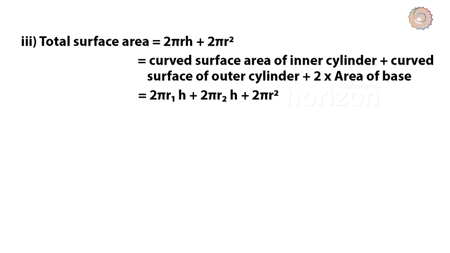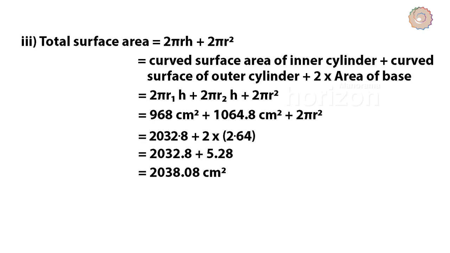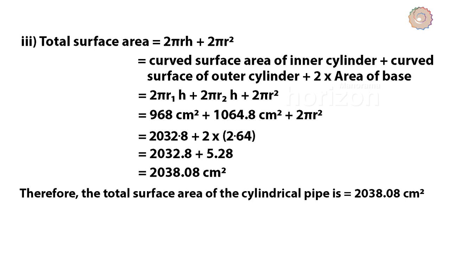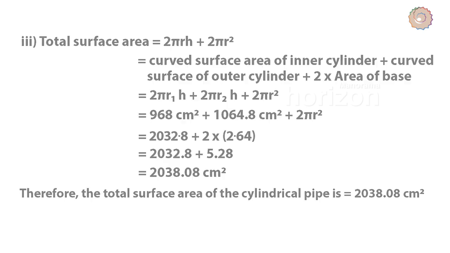So, let us plug in the same, that is 2 pi r1 h plus 2 pi r2 h plus 2 pi r square. Substituting the values from the question, we get 2038.08 centimeter square. Therefore, the total surface area of the cylindrical pipe is 2038.08 centimeter square.